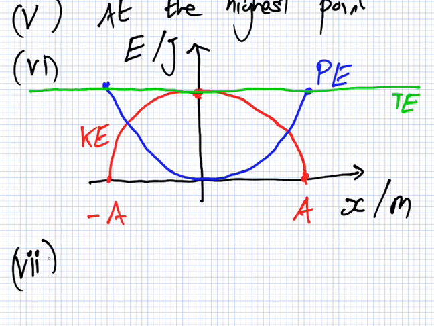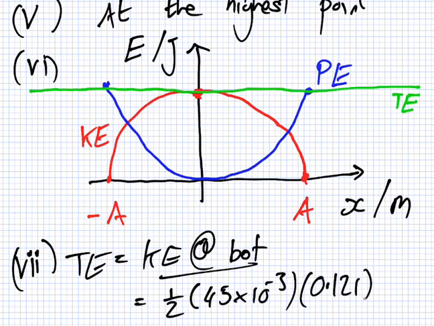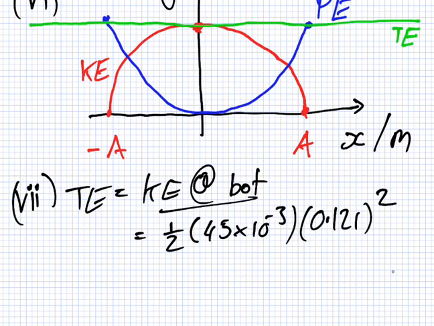Kinetic at the bottom, because we have the V at the bottom. So in fact, this is just a kinetic energy calculation. Total energy is kinetic energy at the bottom. So that is a half, well, what was my V, by the way? 0.121. Thank you. Squared.